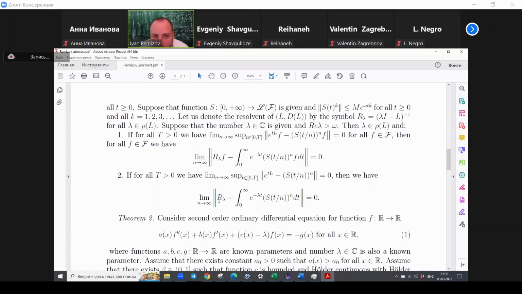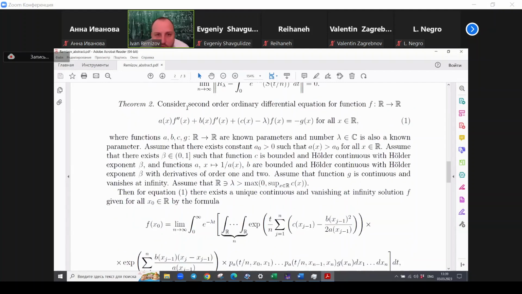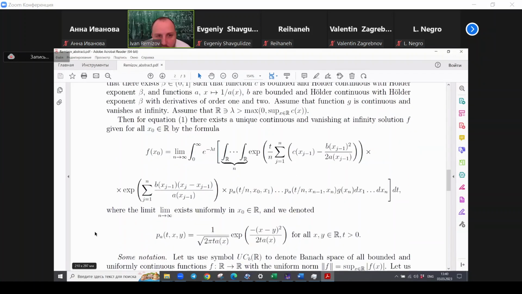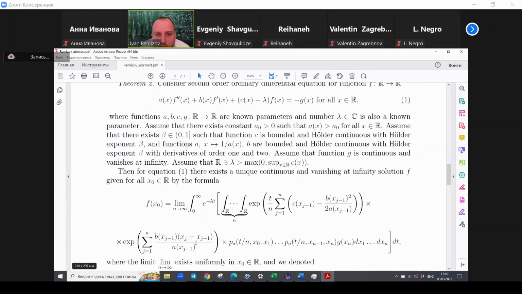Then we will have that type of convergence. Here the difference is only F. Now two example theorems. First, suppose we have that ordinary differential equation. If we use the integral based Chernoff function, then Chernoff approximations will be this one.